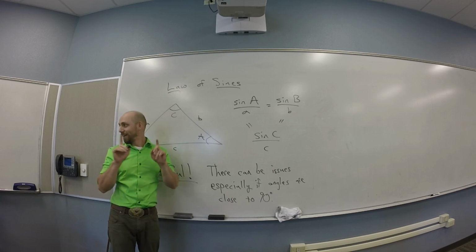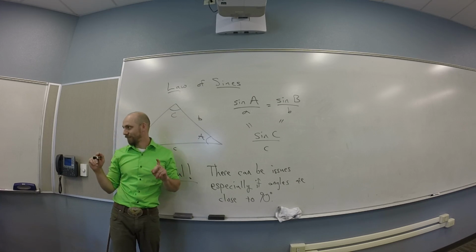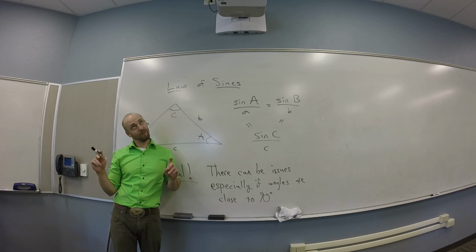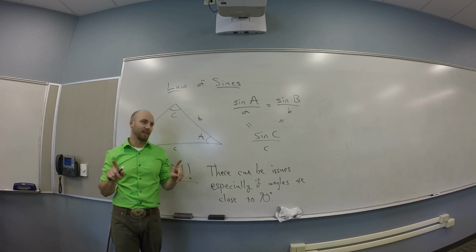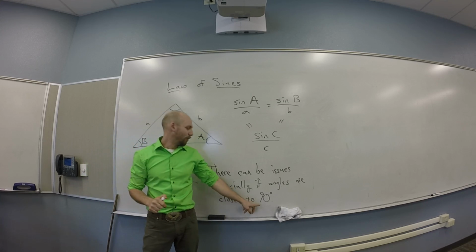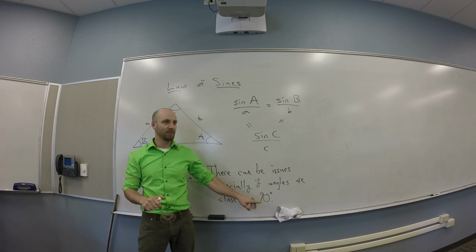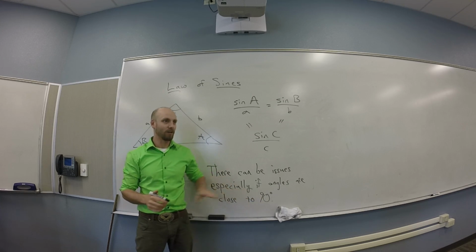If you have one at 90, the other two have to fit into 90 somehow. The issue is when your angles are close to 90, it's not going to be totally obvious what's happening in terms of your triangle.